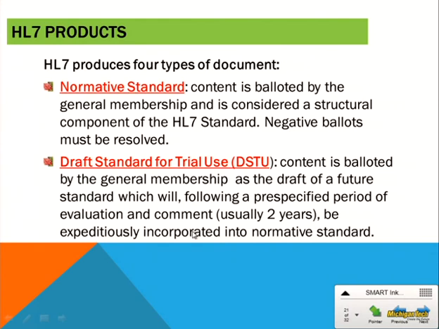Generally, this also needs to be balloted by the general membership, but it is treated as draft. Generally, it waits about 2 years, okay, to see whether it can be incorporated into a normative standard. If it can, that's fine. If not, that's the giveaway. So you can see it's a draft standard.